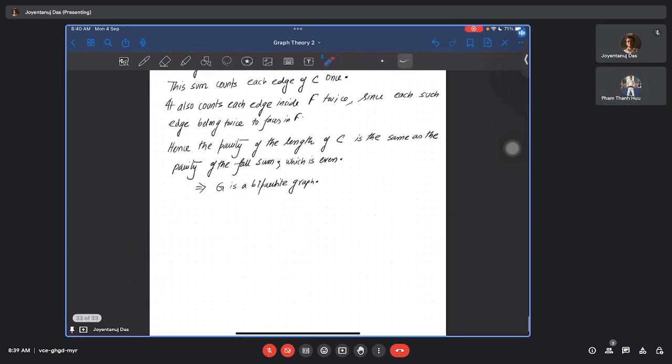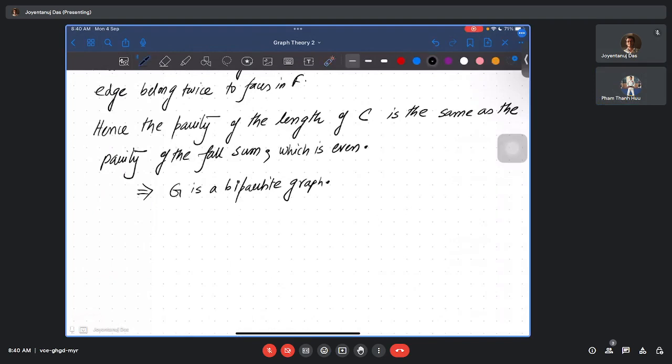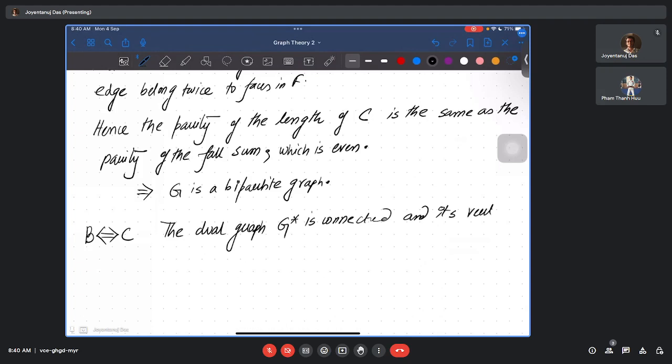So it will directly follow from point B. So we will show B if and only if C. The dual graph G star is connected because the original graph is connected, and its vertex degrees are the face lengths.